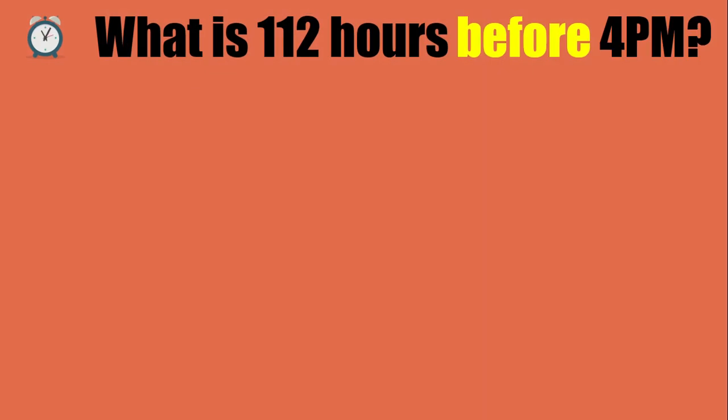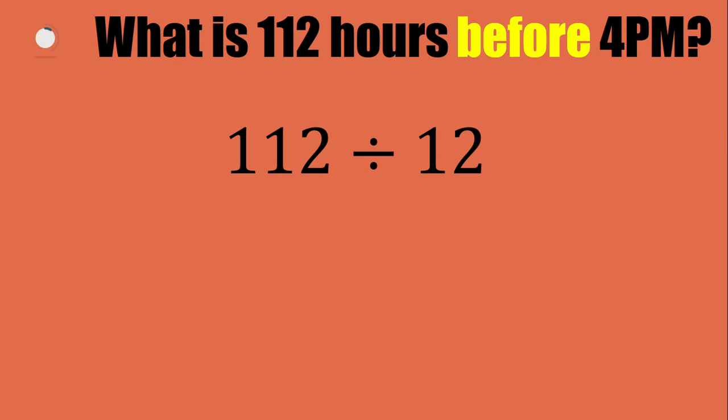Another example. What is 112 hours before 4 p.m.? Here again, we're going to use modular arithmetic. Let's divide 112 by 12.